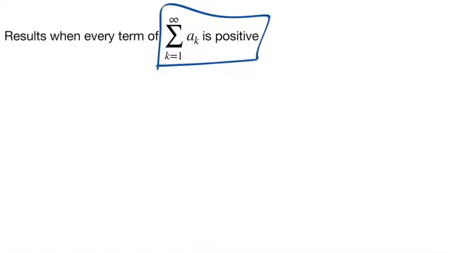If the a sub k's are positive, then what must be true about our partial sums? Then our partial sums must be an increasing sequence.